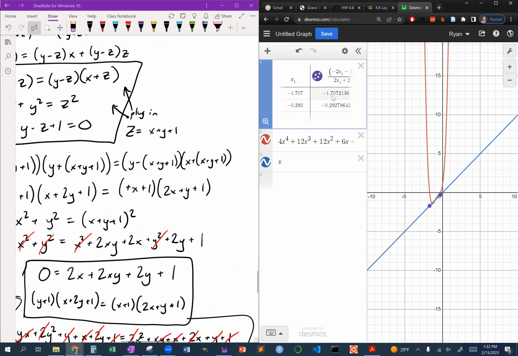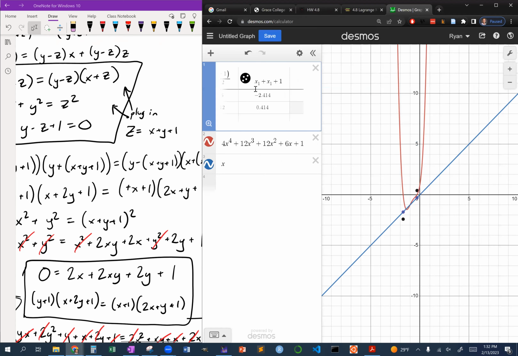So over here, I get x1 plus y1 plus 1. I don't think it's letting me do that, but I know that y1 is x1, so I'll just substitute that in. And so then I get z is those numbers, and that gives me my answer.